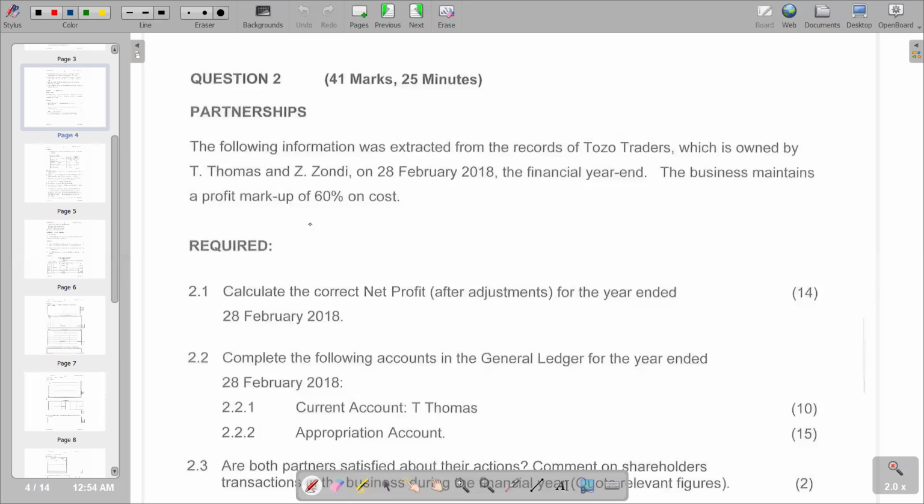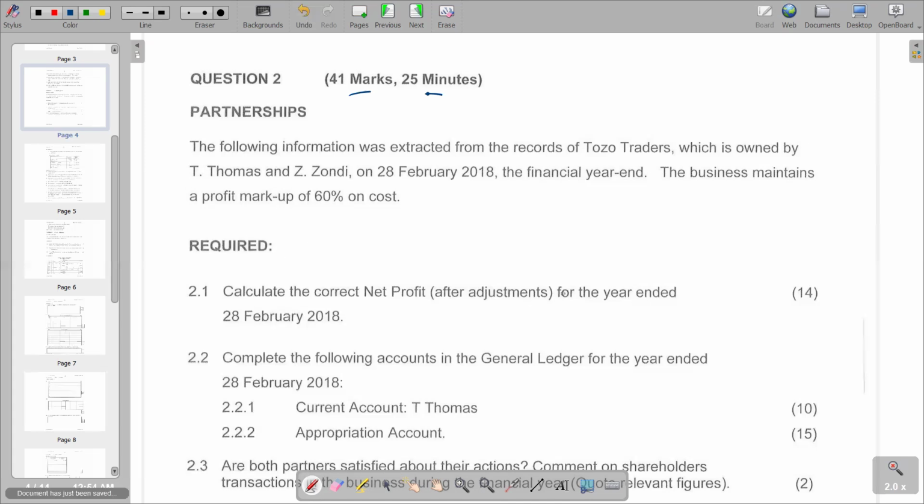On our question 2, we have got 41 marks, and that requires you to spend on average 25 minutes. The question is on partnerships. It looks at the following information extracted from the records of Tozo Traders, which is owned by T. Thomas and Z. Zone. On 28 February 2018 the financial year ends. The business maintains a profit markup of 60% on cost.